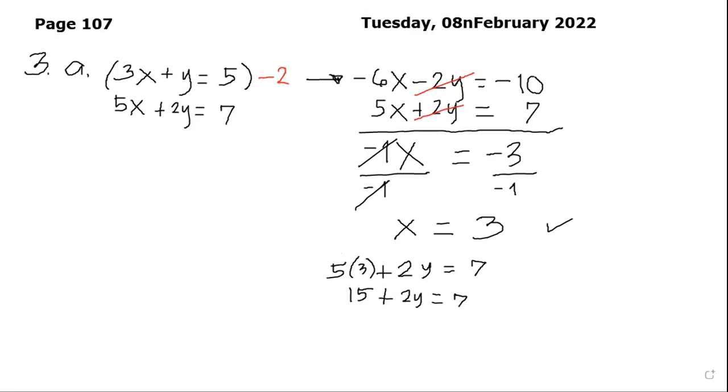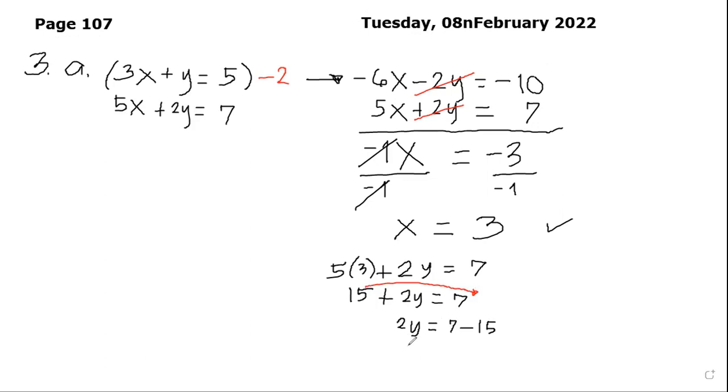So we transpose 15 to the right, so positive becomes negative. Therefore, we have now 2y equals 7 minus 15.